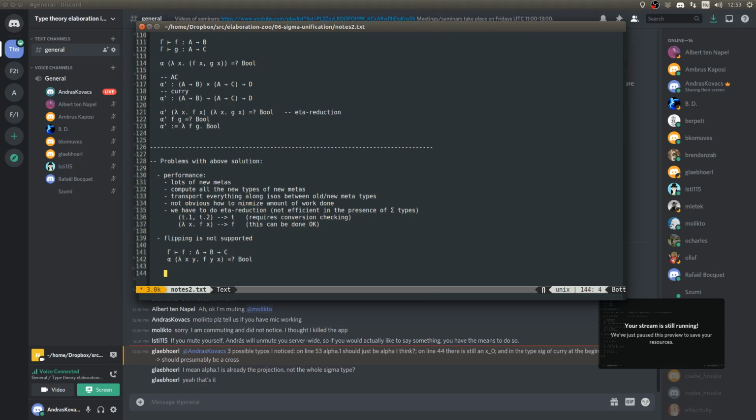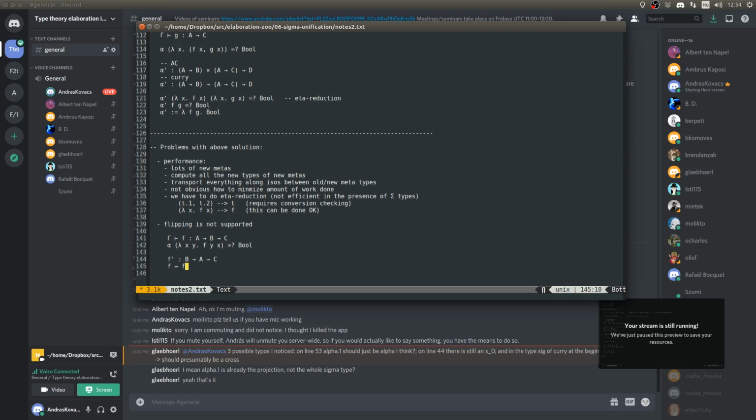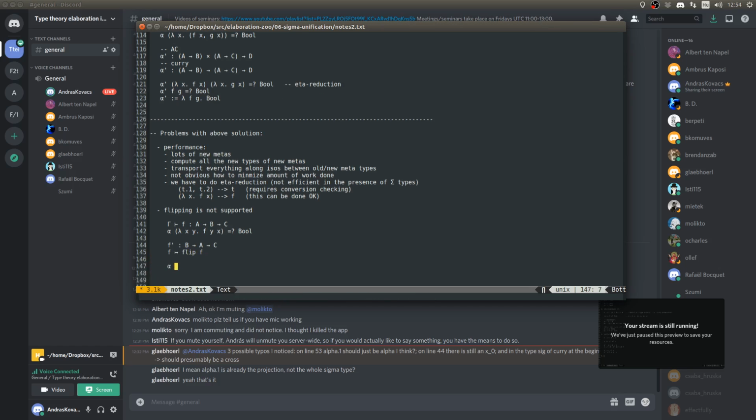This is solvable if I say that f prime should be B A C and f should be substituted to just flip of f prime, and then the problem becomes alpha lambda x y dot flip of f prime x y, so that we can solve it like this.